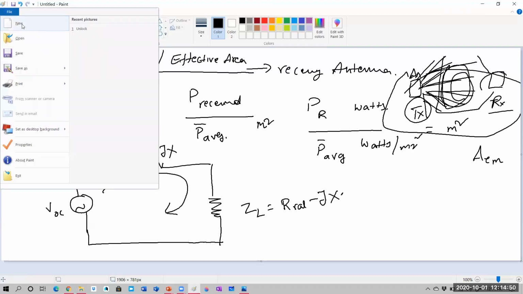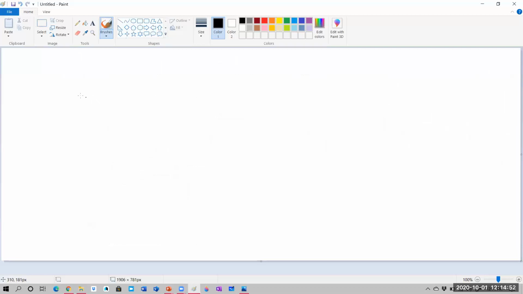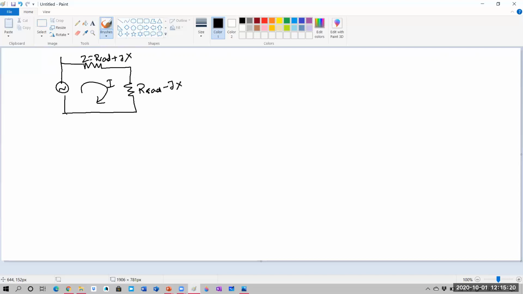Coming to the derivation part, I will draw a separate diagram first. All of you please look at it. R radiation plus the reactive part, R radiation plus imaginary part.